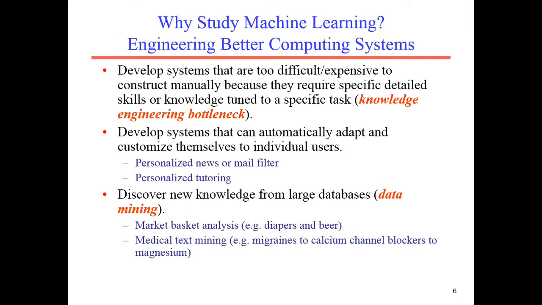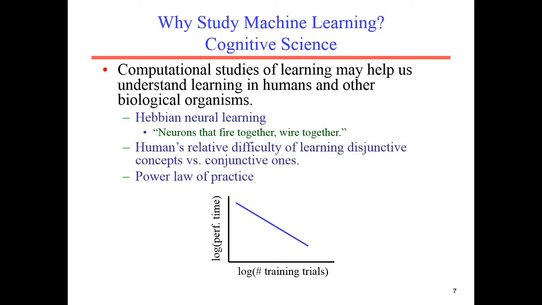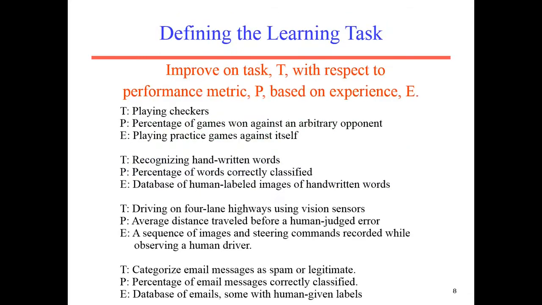Discover new knowledge from a large database. We need to get some properties, some output from a huge database, and this application is extremely big in industry. Another main reason to study machine learning is to understand the human brain, how it works, how to understand the biology, for example.